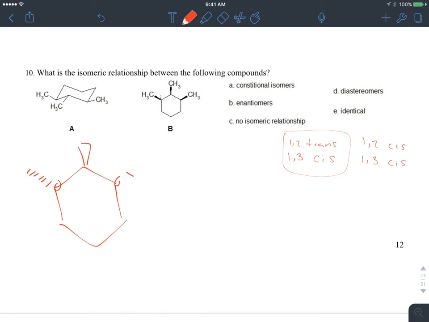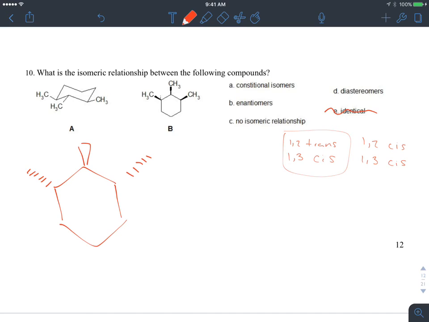So 1, 3 need to be cis to one another, so we'll draw it like that. Okay. So now we'll go ahead and compare these two compounds, which is essentially this is the A compound, just in a different perspective. And in comparing those two, we can see that they're clearly not identical.